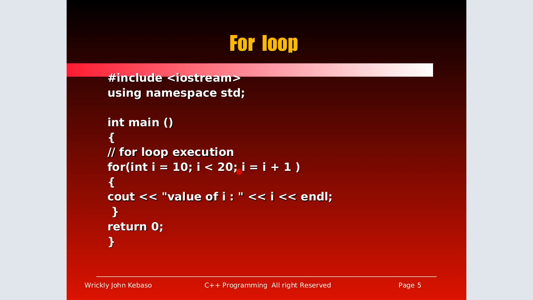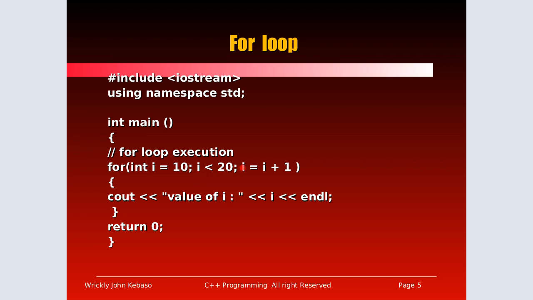Yes, increase 17. 17 equals 17 plus 1, we get 18. Again we display 18, and then go back to the condition. Is 18 less than 20? Yes, increase it. 18 equals 18 plus 1, we get 19. We display 19, and then is 19 less than 20?